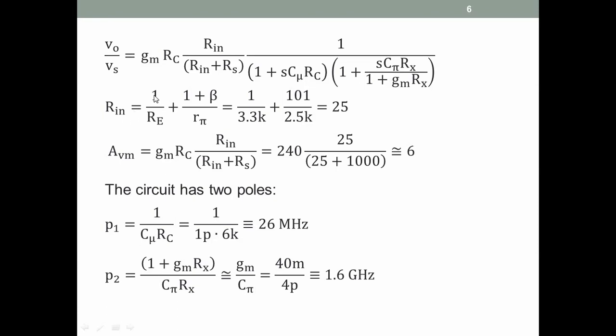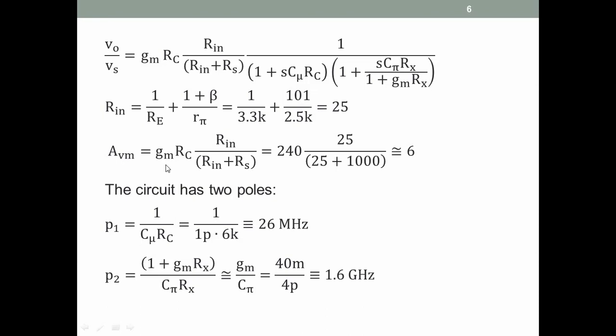So the Rin, which is 1 by Re plus 1 plus beta by Rpi, is very small. You recall that the input resistance of a common base amplifier is small. Because of this Rpi by beta factor, Rpi by beta is just about 25 ohms. So the overall input resistance is also just about 25 ohms.